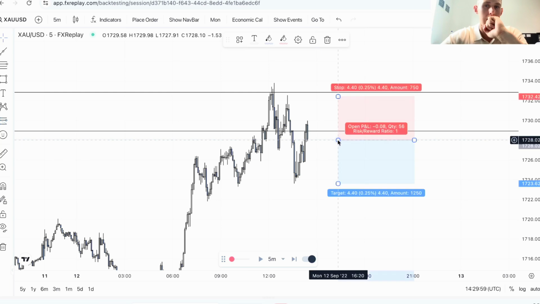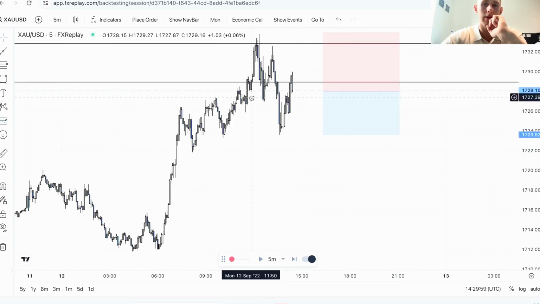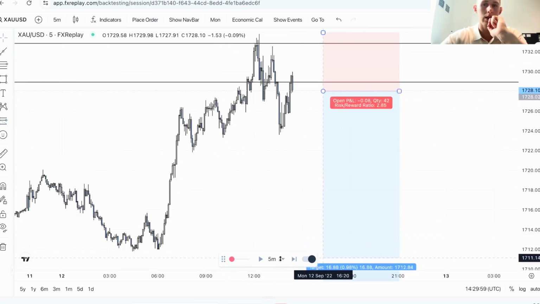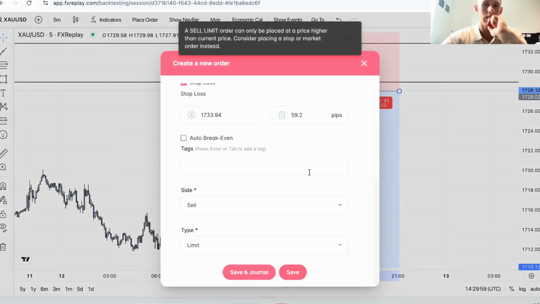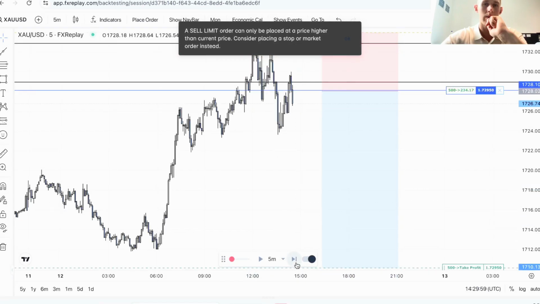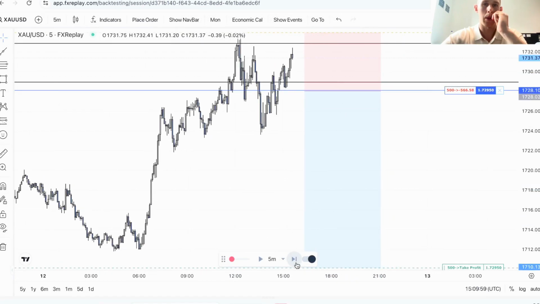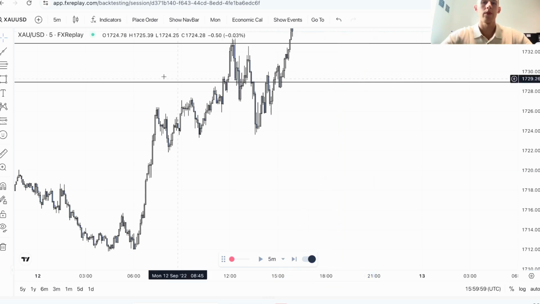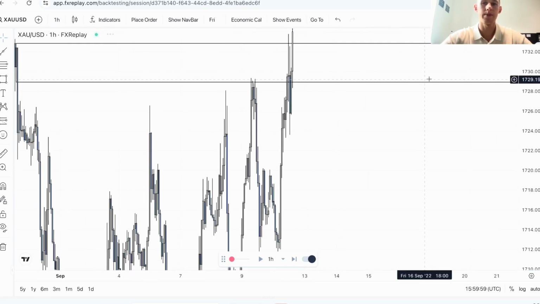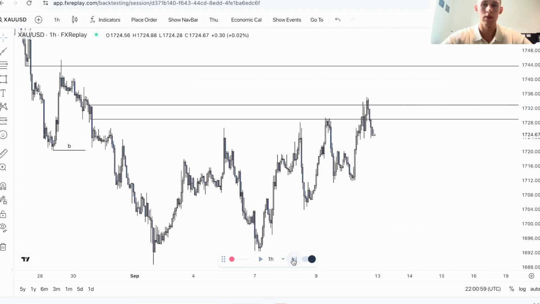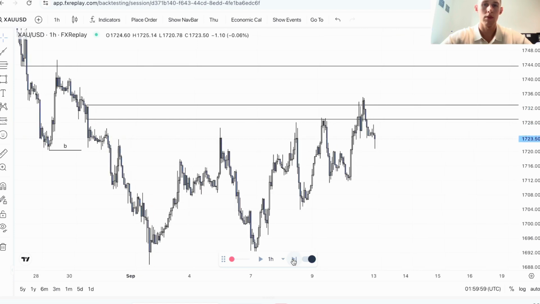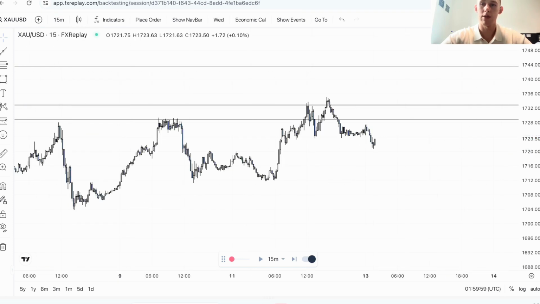I'm gonna enter there, stops above the high, and target 1 to 3. Okay, stop loss on that one, that's fine. Alright, actually the sells are still valid here.